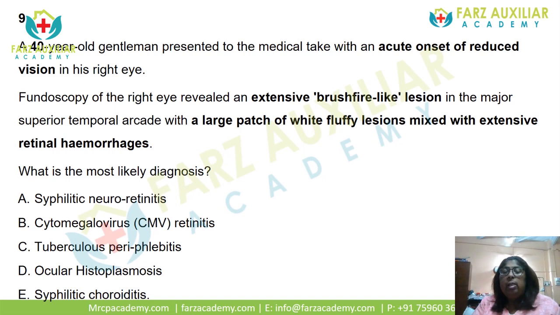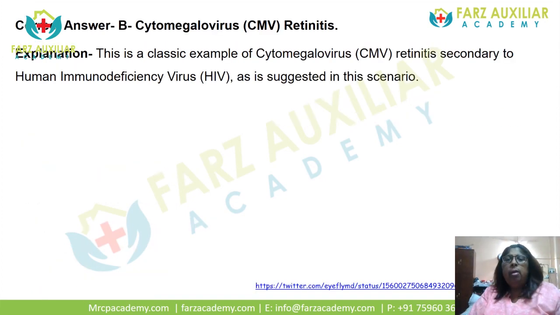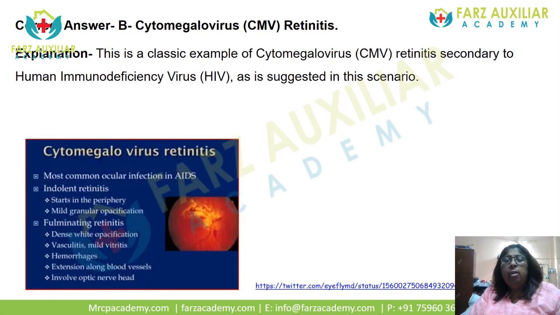The correct answer is B. Cytomegalovirus or CMV retinitis. This is a classical example of CMV retinitis secondary to HIV, as is suggested in this scenario. Ocular histoplasmosis and syphilitic choroiditis would give a fundus picture of multiple whitish lesions, as seen on the right.